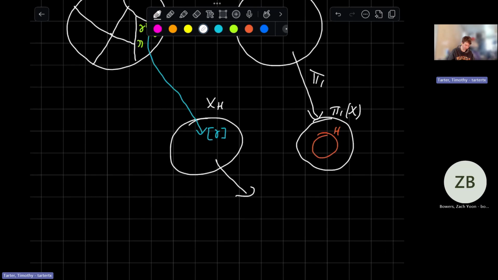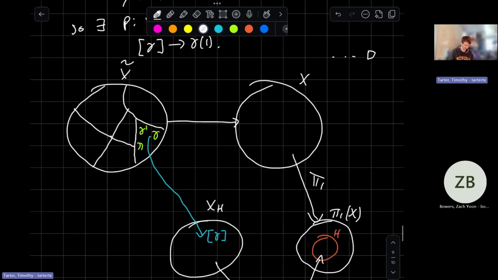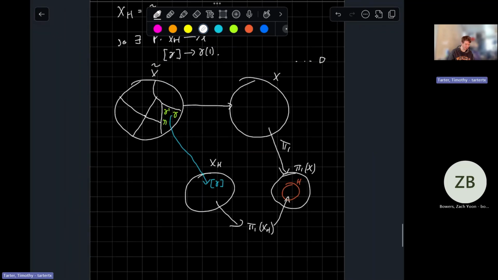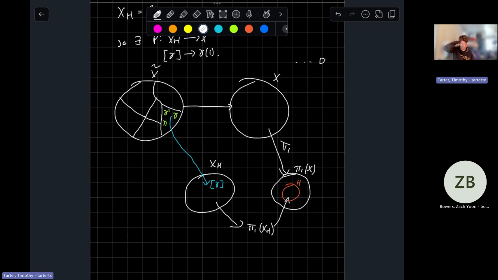This has to have an extra pi 1 X tilde to there. Sorry, I'm mixing commutative diagrams and domain diagrams, but imagine a bubble layer. Does that help?